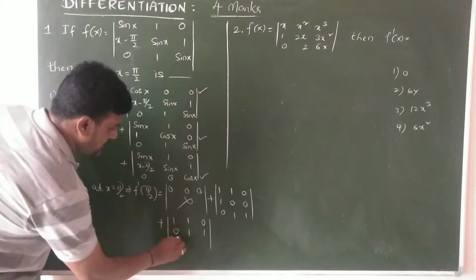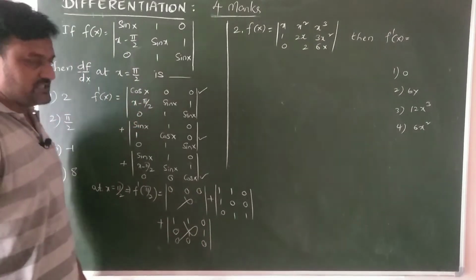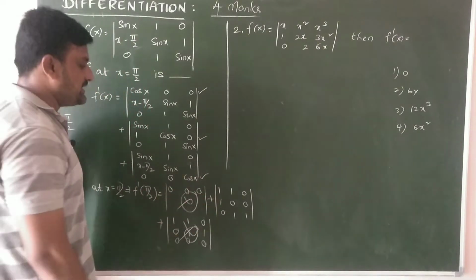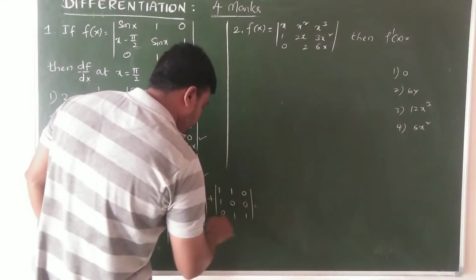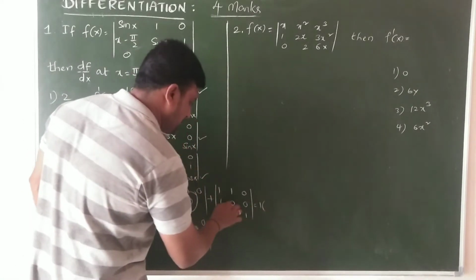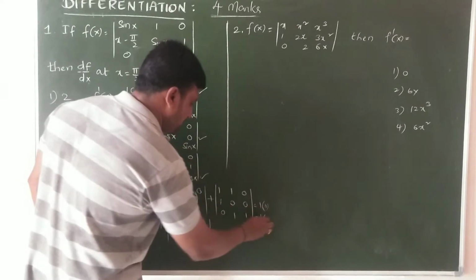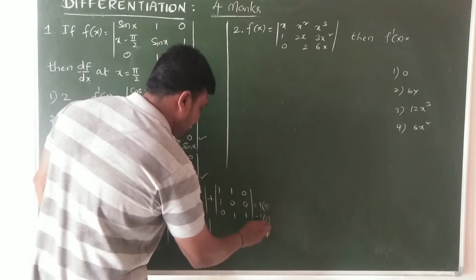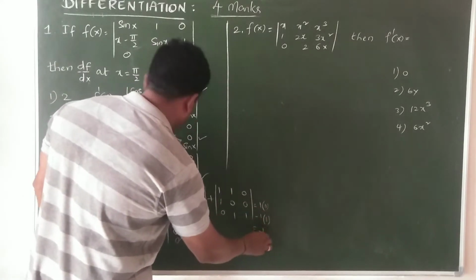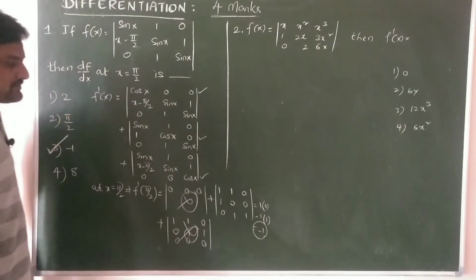Then 0, 0, cos is 0, so it is also 0. Now the remaining determinant: 1 into 0 is 0, minus 1 into 1 plus 0 is 0. So the answer is only minus 1. The third one is our right option.